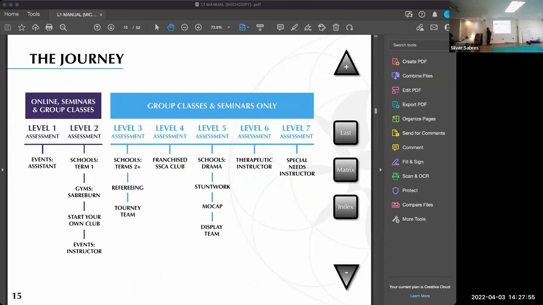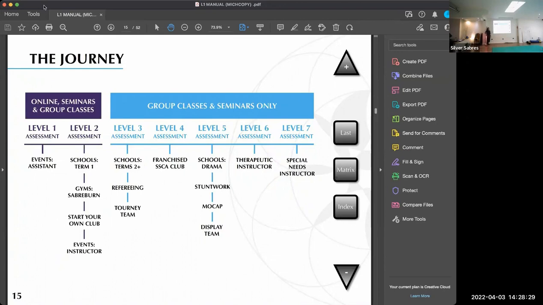Level 3, obviously it now means you can teach a multi-term contract at a school because you are taking them through the initial content, and then at level 3 you can start the second term in that school with a competitive format for fighting. You can obviously also do refereeing, and you can apply to join your tourney teams and run your own tournament teams as well.